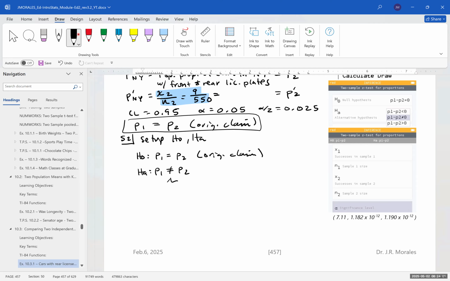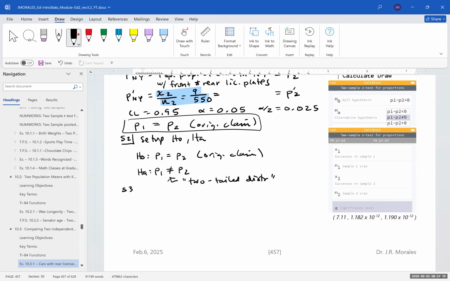The alternate hypothesis dictates whether we're dealing with a left tail, a right tail, or a two-tailed distribution, in which case not equals means two-tailed. So I think that's everything we need to set up in step 2.